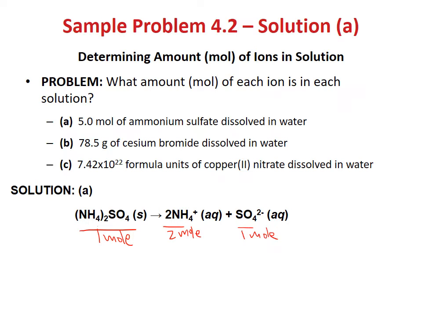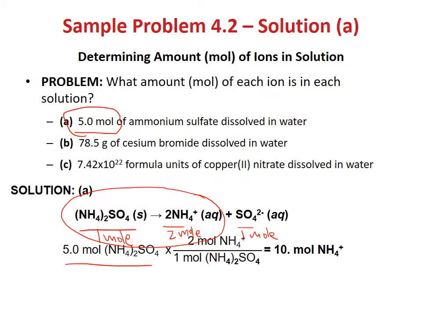So if we have 5 moles of ammonium sulfate, how many cations and anions can we generate? We look at each relation, the stoichiometry, and write a conversion factor. We start with 5 moles ammonium sulfate, and we write the conversion factor: 1 mole ammonium sulfate, 2 moles ammonium cation.